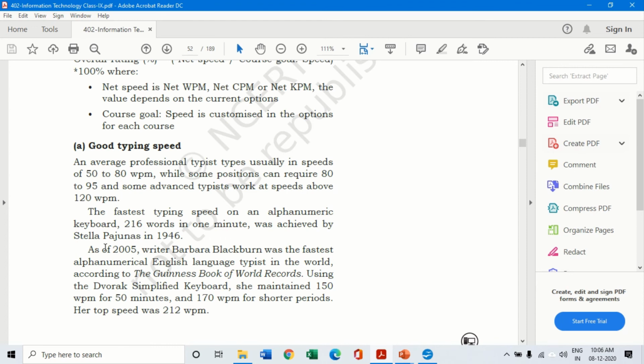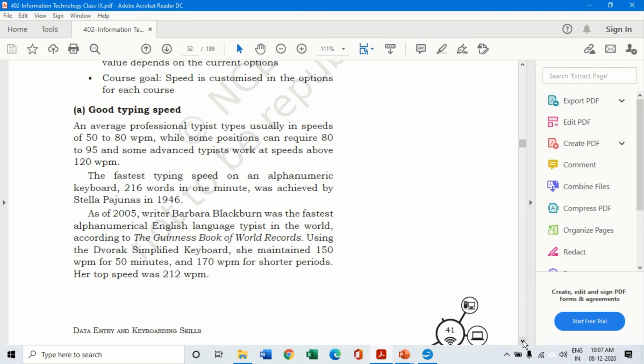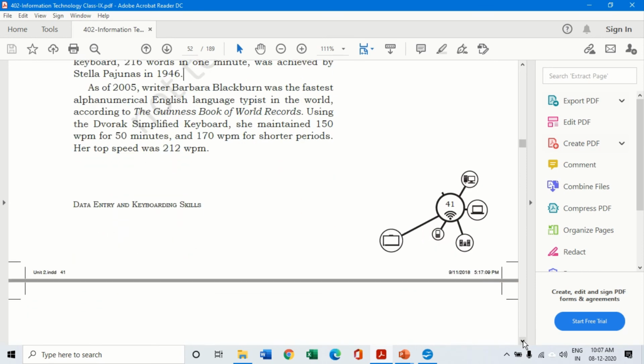The fastest typing speed on an alphanumeric keyboard is 216 words per minute, achieved by a particular person in 1946. So this is basically a good typing speed.